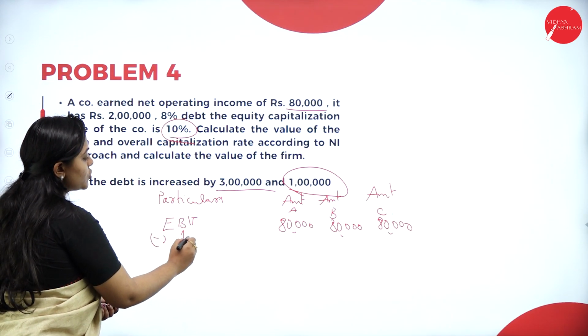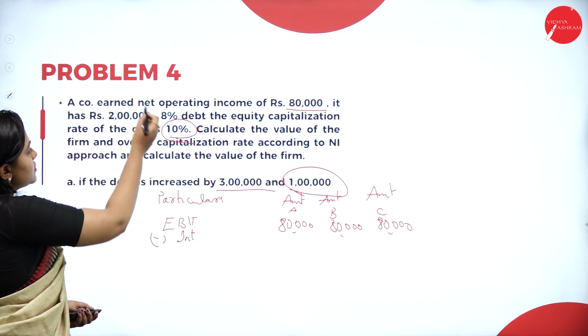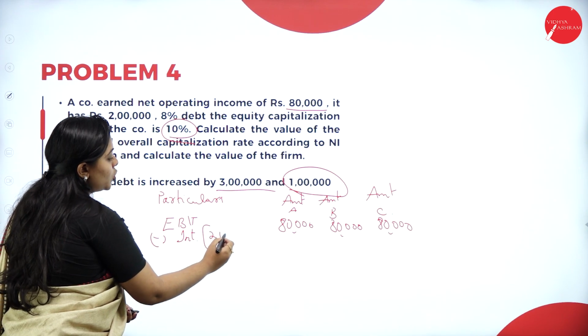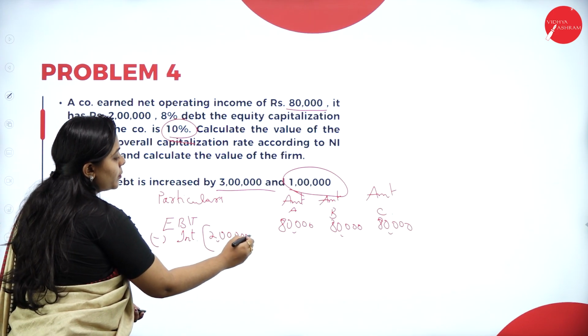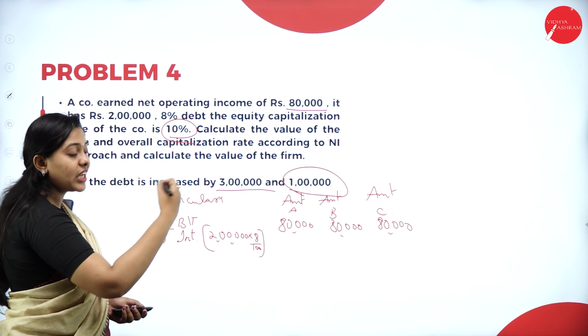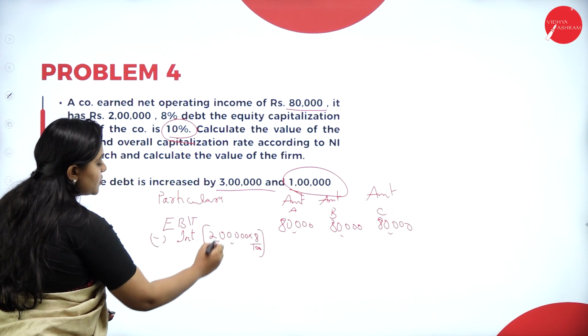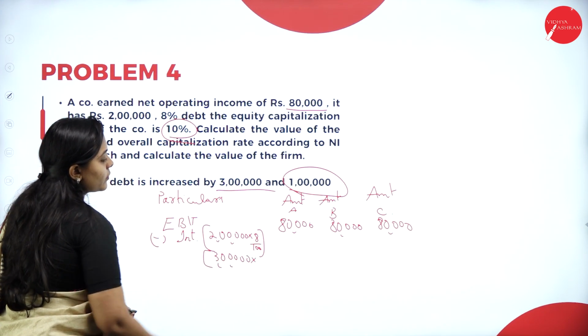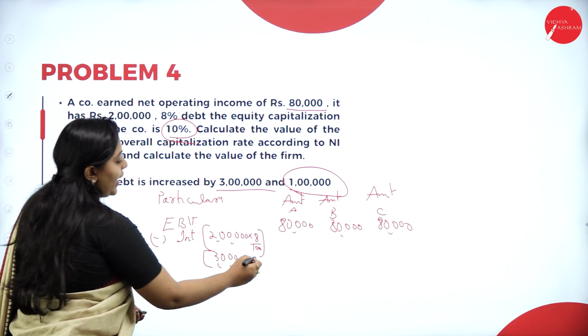And what is the next step we have to follow? Deduct interest. So, what is the interest? Interest is on 2 lakh, first at 8%. So, 2 lakh into 8% for case A. And for case B, it is 3 lakh into 8%.